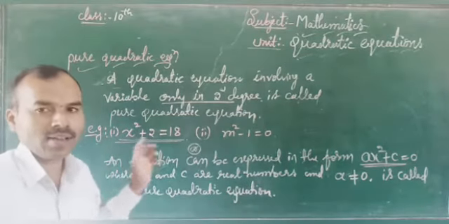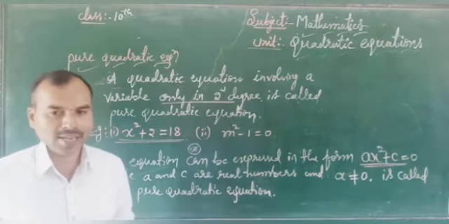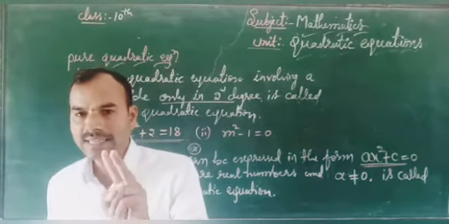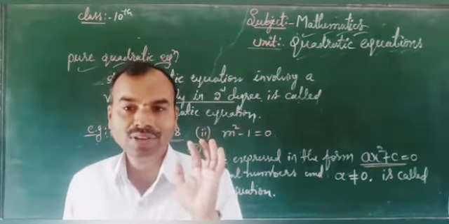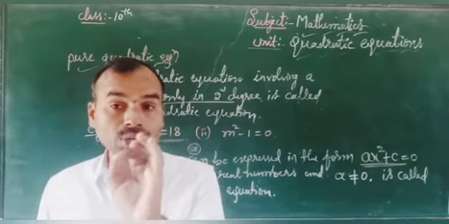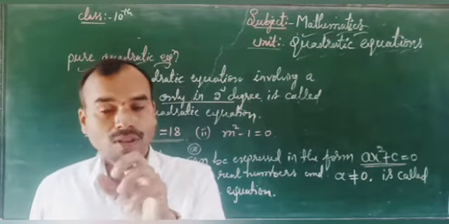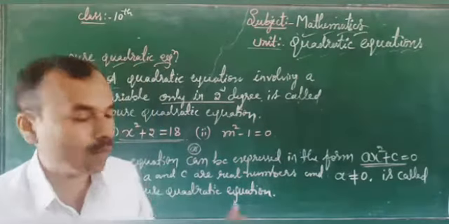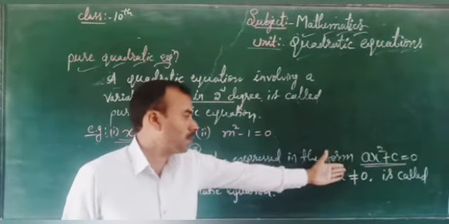You should remember these two. I repeat once again: an equation involving a variable of second degree is called a pure quadratic equation. The general form is ax square plus c equals 0.